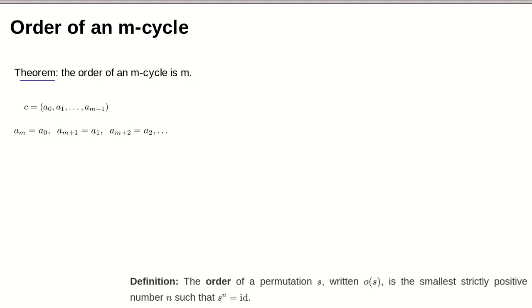My first suggestion is that whenever you have a mathematical problem which you're not quite sure how to solve, a good question to ask is always, can I solve an easier problem? An easier problem in this context, where you're trying to prove that the order of an m-cycle is m, is to think, well, what if the m-cycle was just (1 2 3 4 5)?